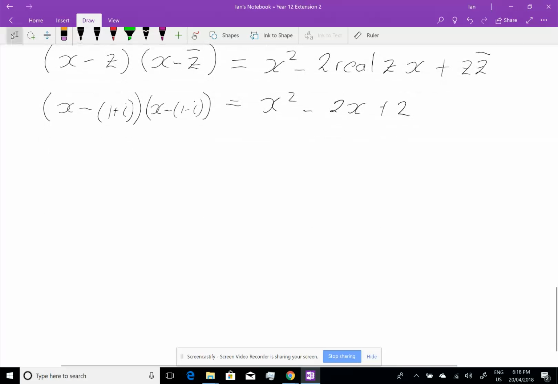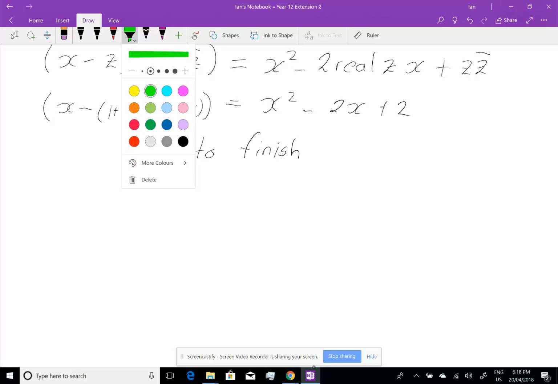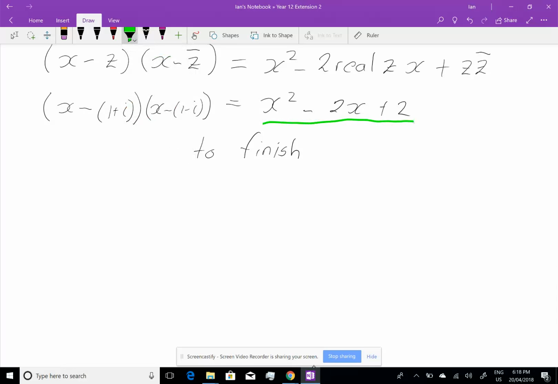So to finish factorising, that's your one part, and you know you've got a third root in there. To find this third root, we have two methods.